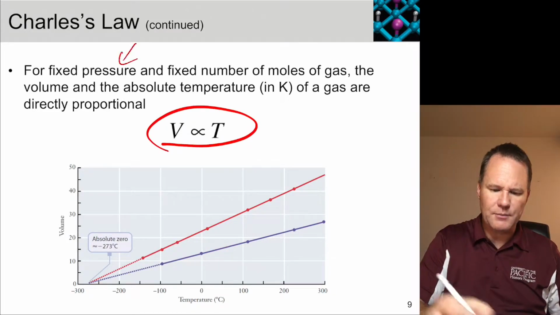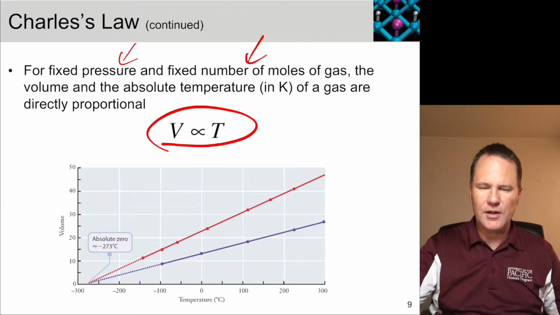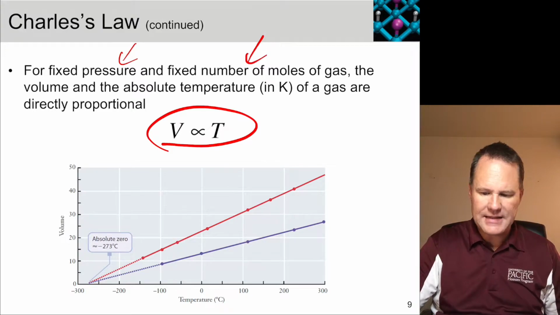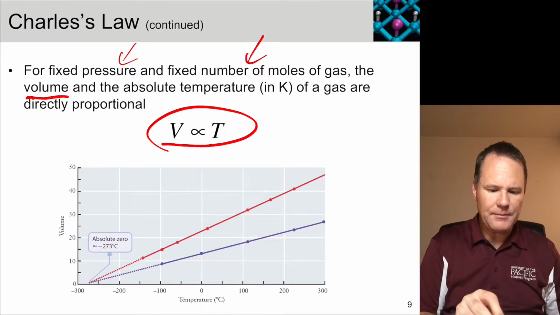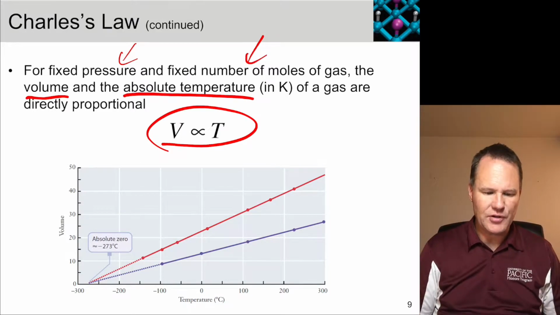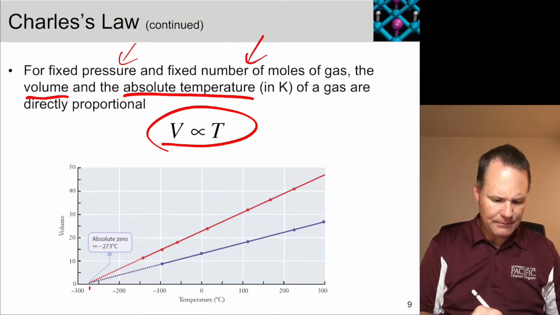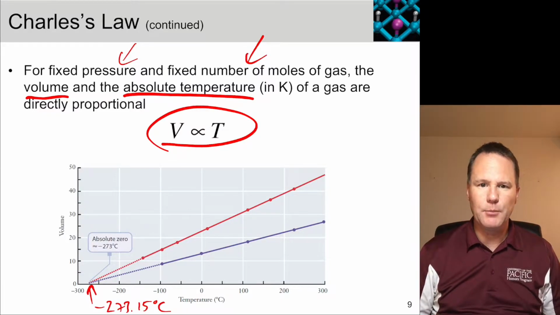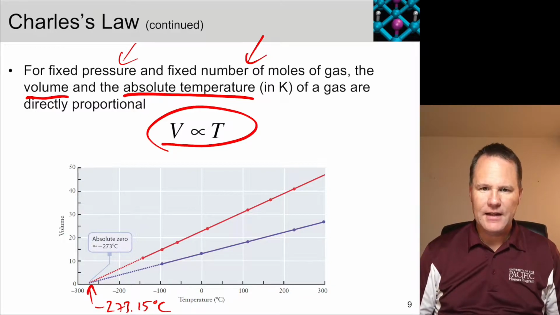If you have a constant pressure and you don't change the number of moles of gas, which just means that you're still talking about the same amount of gas, then the volume and the temperature, if it's an absolute temperature, are directly proportional to each other. And that is at minus 273.15 Celsius. Now, for some reason, the book and other books as well list minus 273.